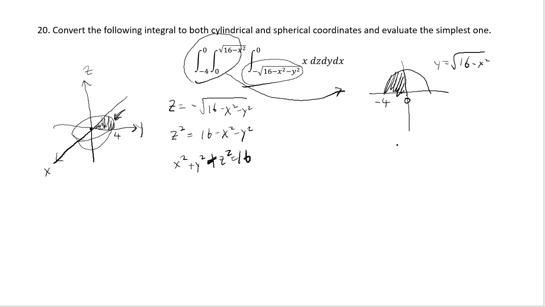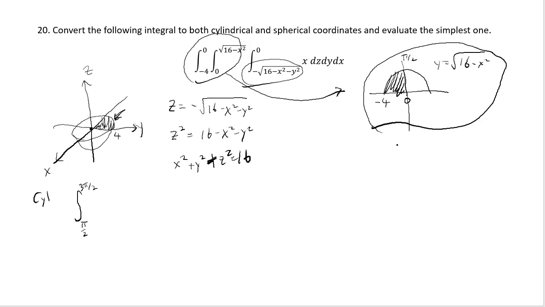Now let's try to change this into cylindrical. Cylindrical is easier than doing a spherical because you're really basically trying to take the two-dimensional picture and change it to polar. And in that picture you see that the angle goes from pi over 2, 90 degrees, to, oh, not 3 pi over 2, so it's pi. 3 pi over 2 to pi. And then your r value goes from 0 to 4 because that's the circle of radius 4 centered at the origin.